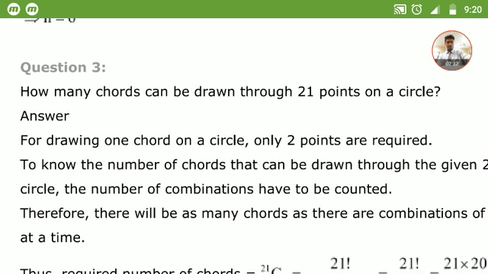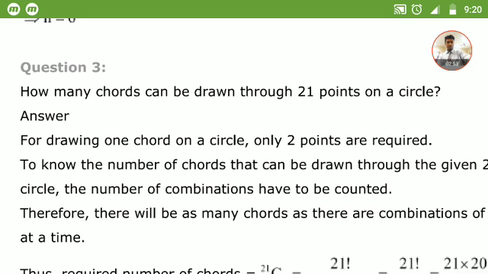Now coming to question number 3. How many chords can be drawn through 21 points on a circle? So 21 points on a circle. Now tell me, how many points are required to draw a line? A line can be drawn in two ways.